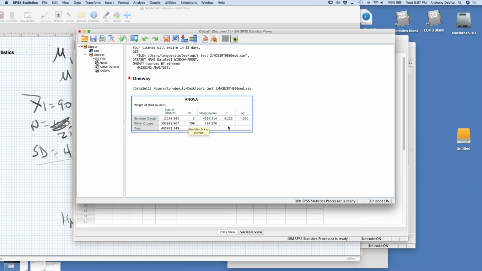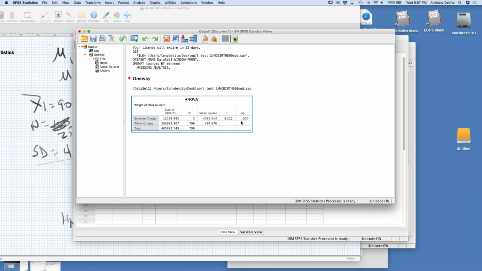We could actually look up the critical value for the F-score, but more often than not, you'll be using SPSS for it. So now that we've determined that, given that big a result for the F-score, what's the probability that we would be wrong if we reject the null hypothesis?